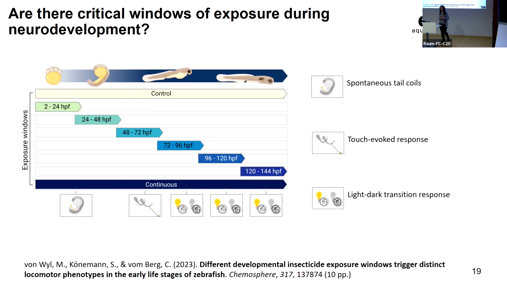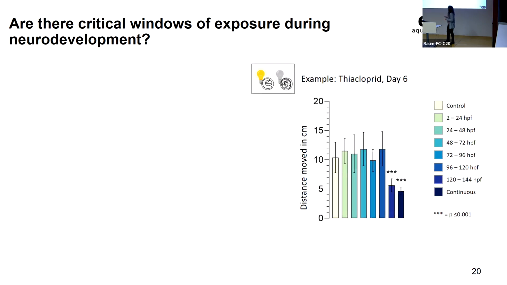And then we were further interested in whether there is a critical window of exposure during neurodevelopment, and therefore we exposed the larvae during different 24 hour windows during their development and tested their locomotor output with an age-matched assay. I don't want to go into details, but I'll just show you the most important findings.